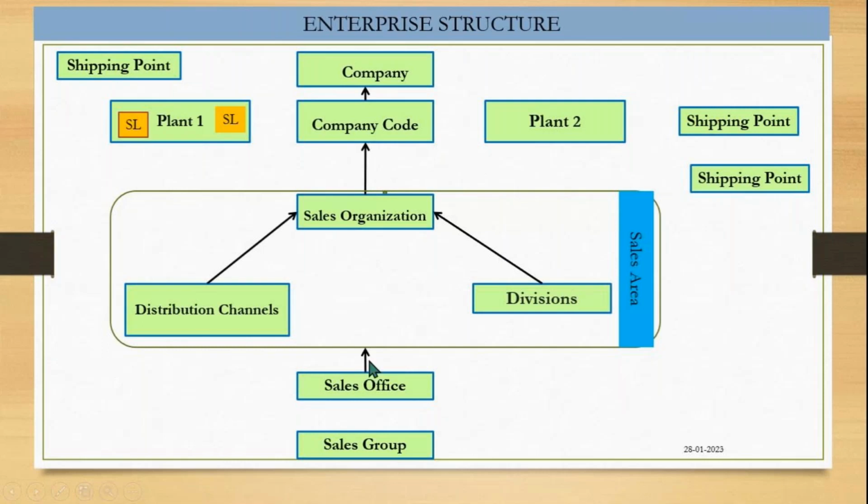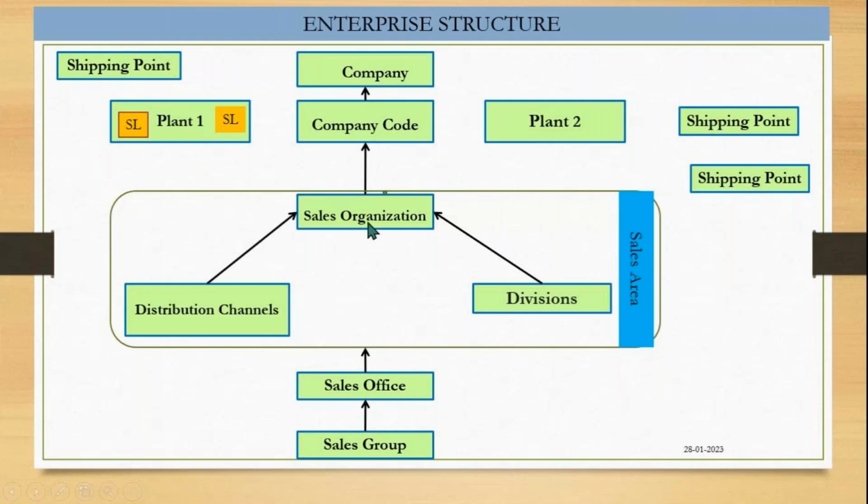Okay. What is the sales office? It's a physical location where all employees work. Similarly, the sales group, the set of employees responsible to sell the material, whoever is responsible, they are assigned to the sales office. Sales group is assigned to sales office. Sales office is assigned to sales area. Sales area is a combination of sales organization, distribution channel, and a division.